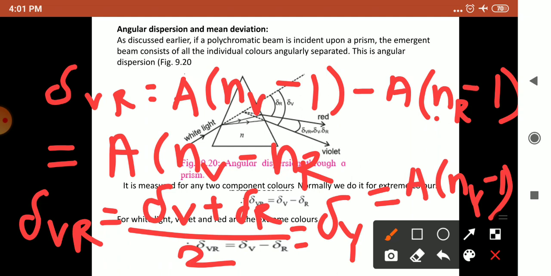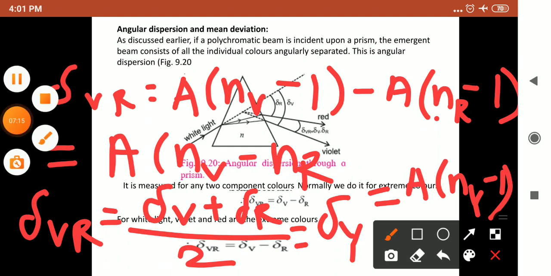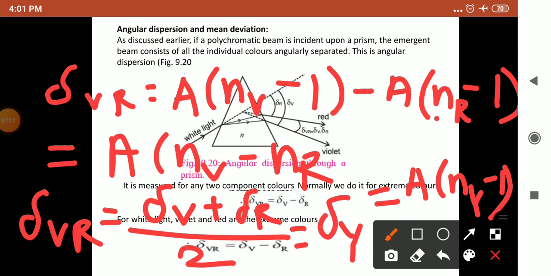Okay, this is about angular dispersion and mean deviation. I hope everyone got this about dispersion due to a prism.